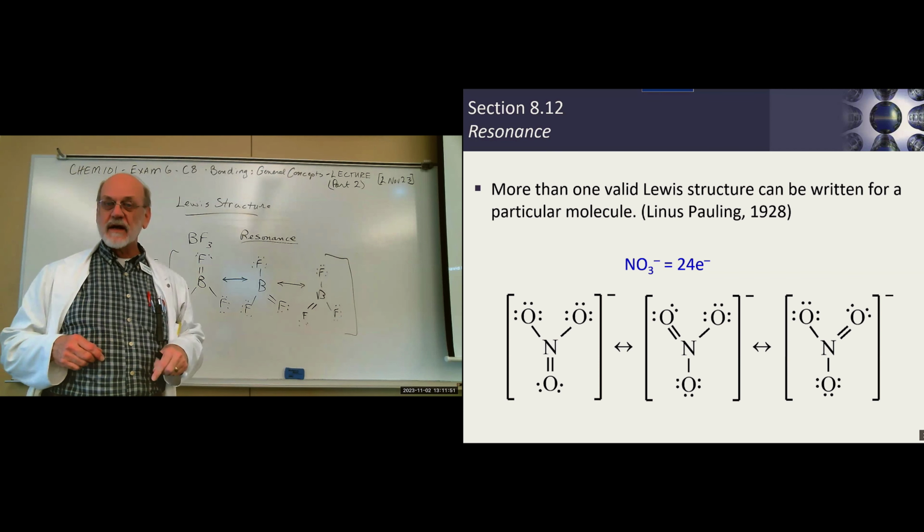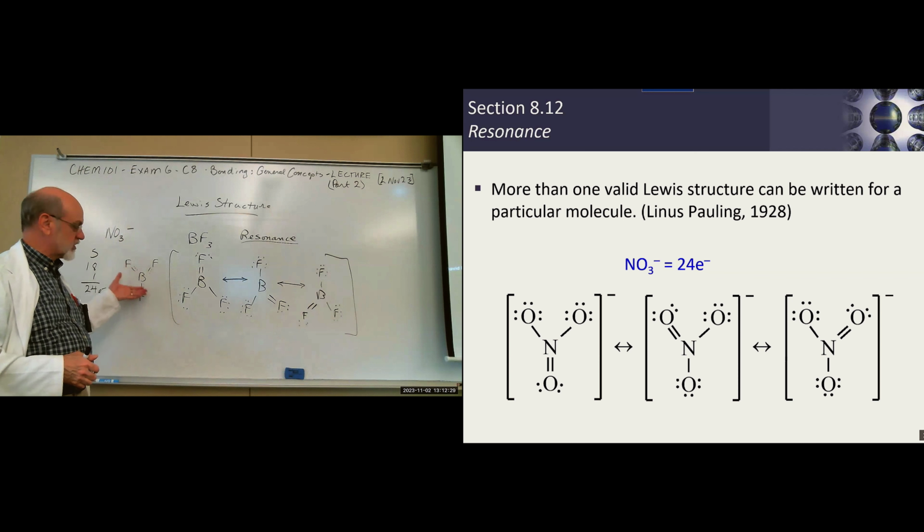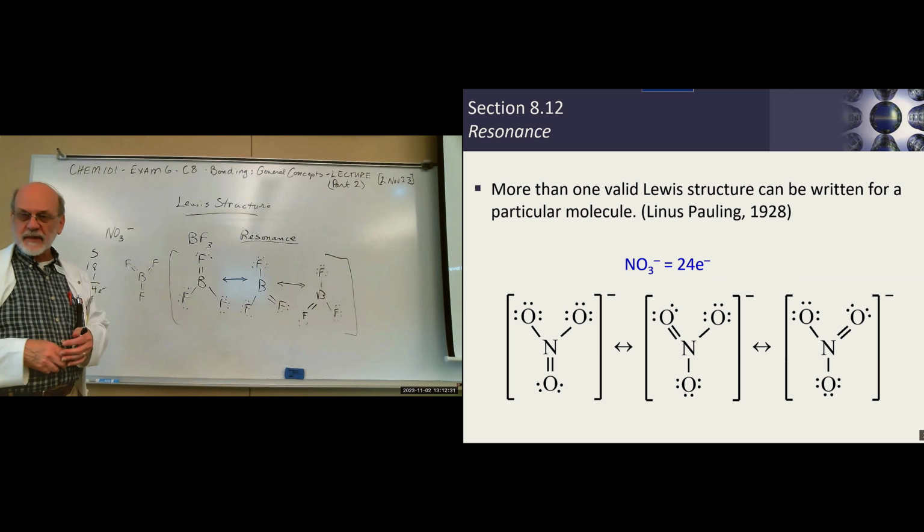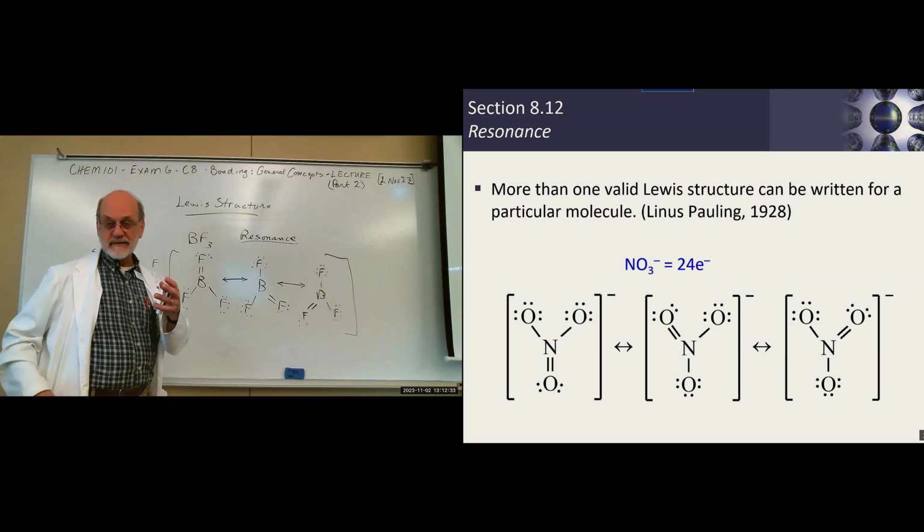Well, if that were the case, then this would be a lopsided molecule. In other words, the bond distance between the oxygen and the nitrogen for the double bond would be shorter, but it's not. They're all exactly the same length bonds, exactly the same strength. So resonance for this model is the only way to go. And this is just one way to show that they're all equal, but it doesn't fit the model. That's the problem.